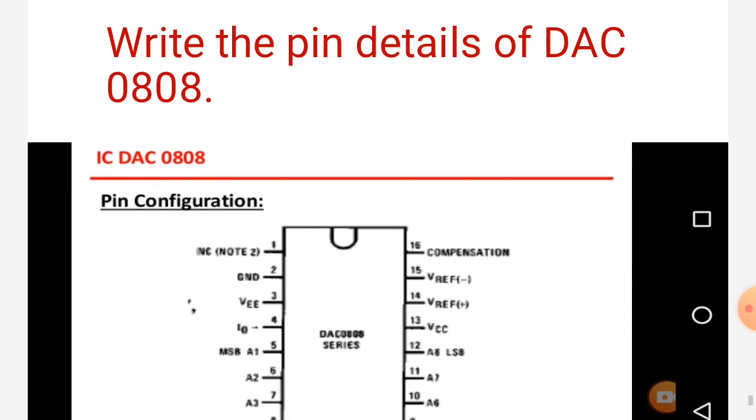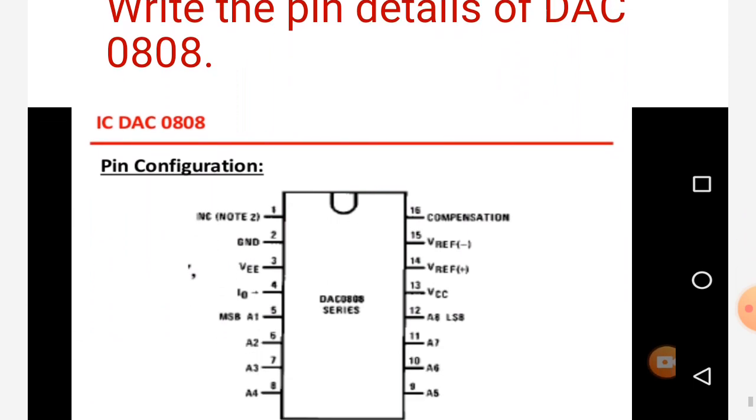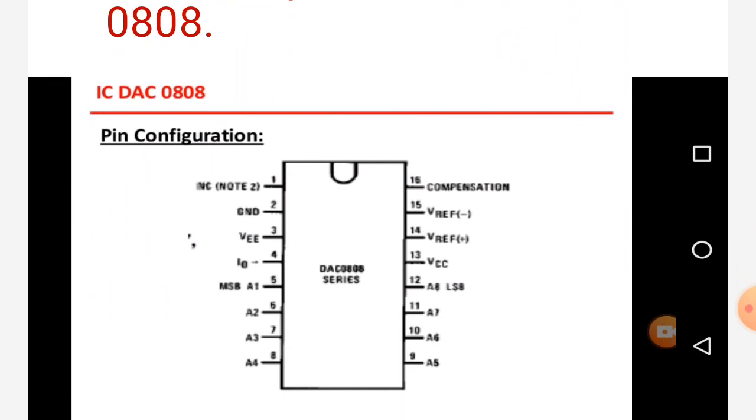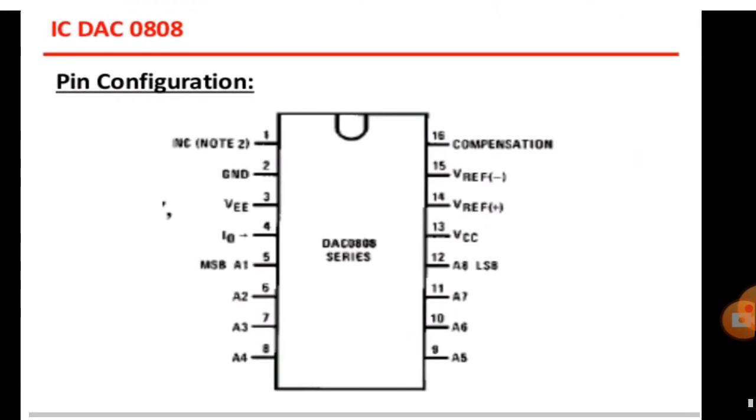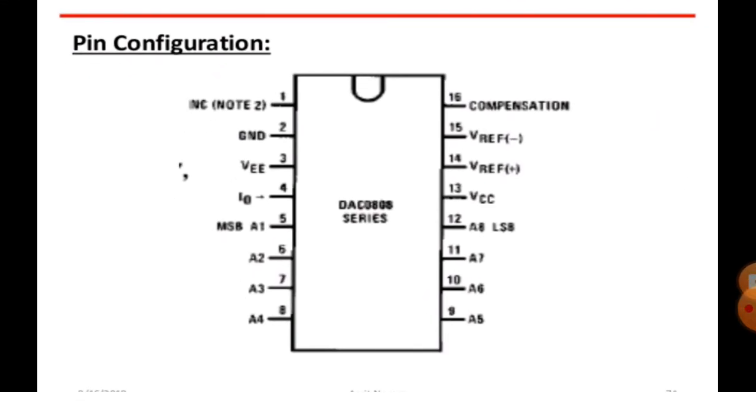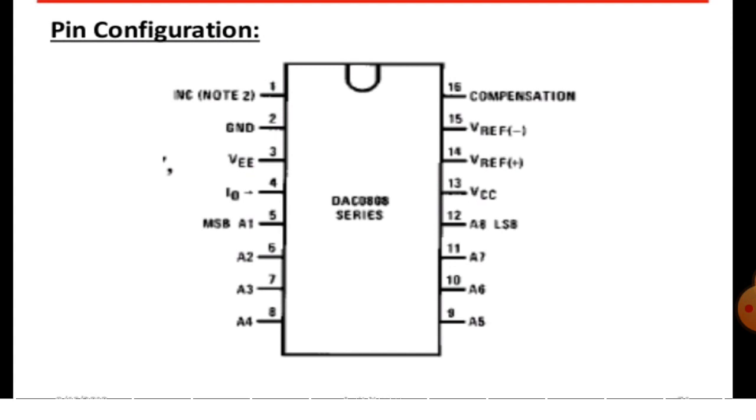Next, write the pin details of DAC 0808. So here the pin detail of the 0808 DAC is given below. It is a 16 pin IC.